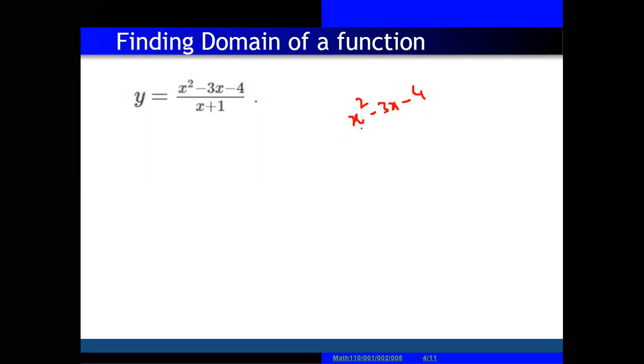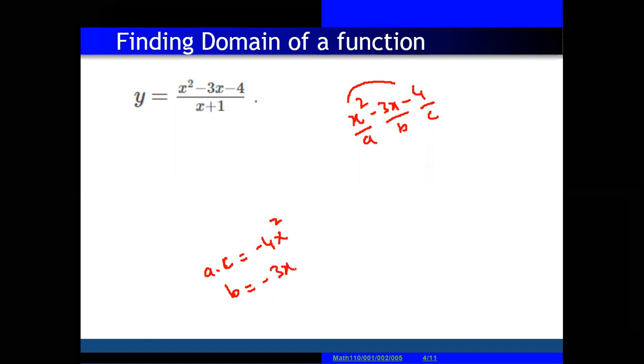Method of factorization is, if we take first one is A, second one B, and third one is C. Then A multiply with last one C. If you multiply x square with minus 4 equal to minus 4x square. What is B? B actually equal to minus 3x.